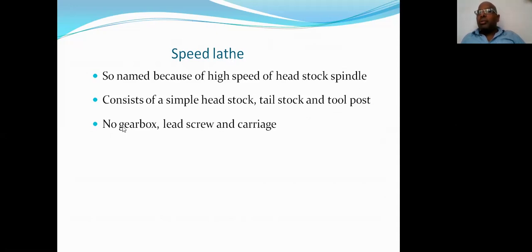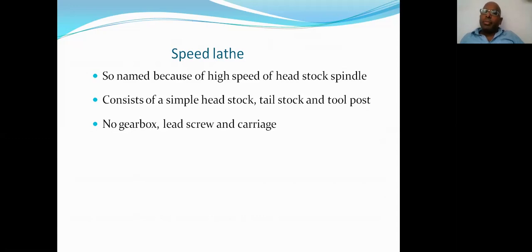Listen carefully. It should not have any gearbox. It should not have any lead screw. It should not have any carriage. Why is a gearbox not required? Because automatic feed is not required. Automatic feed is not given; we are giving only manual feeding. And the speeds required are a very small number of speed ratios.